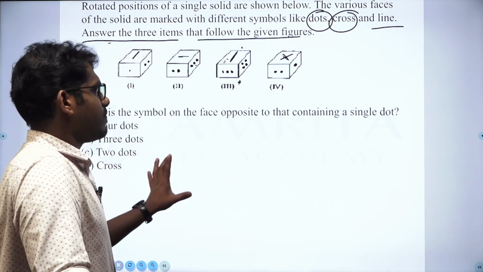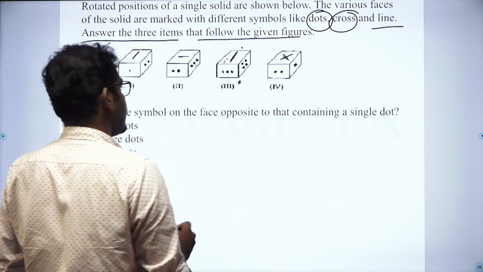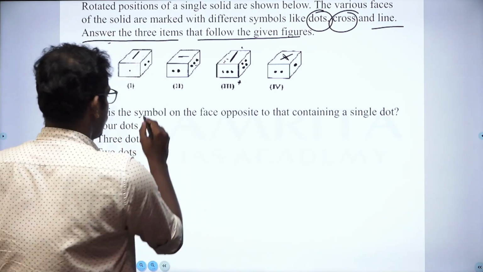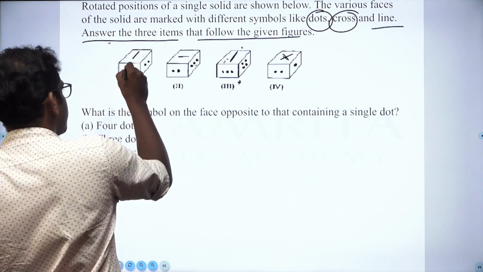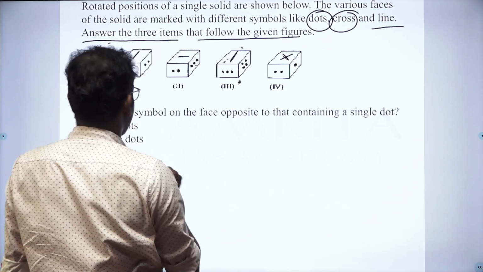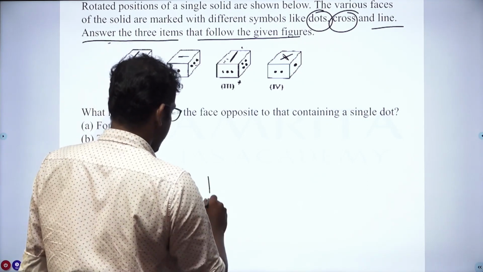To answer this question, we have to find all the 6 faces of this cube, so I have to draw the cube first. For that, I am taking the first figure as my base figure.